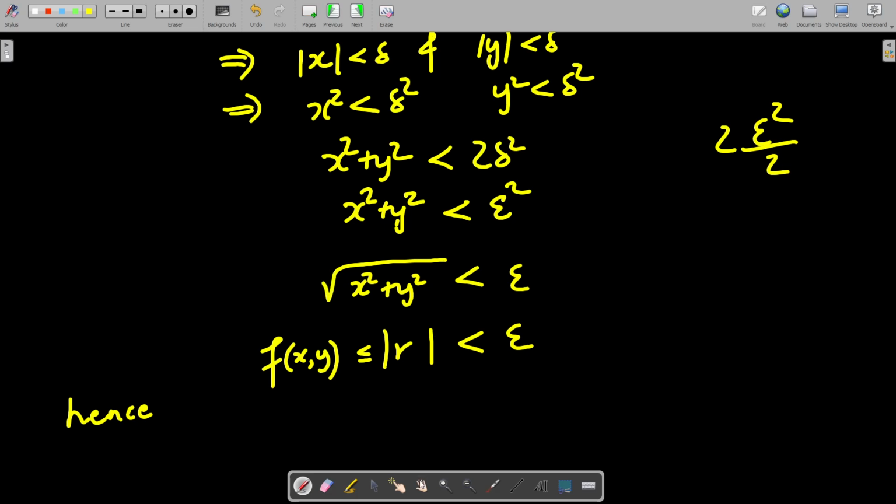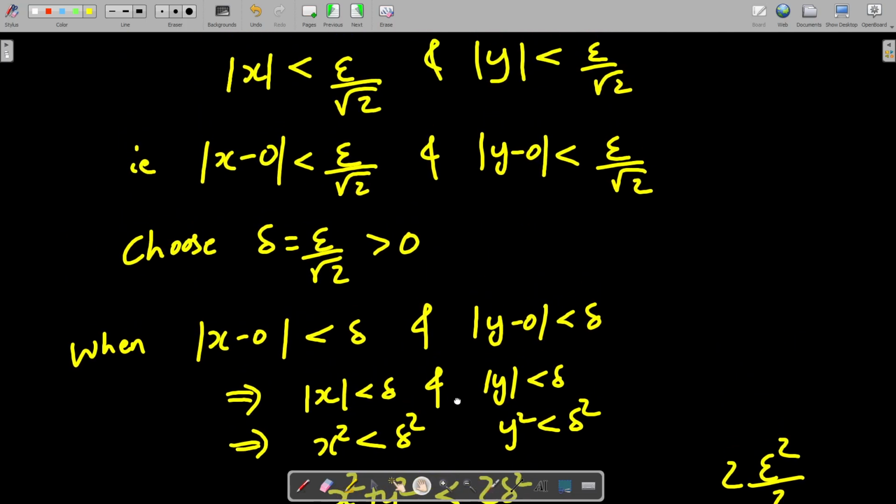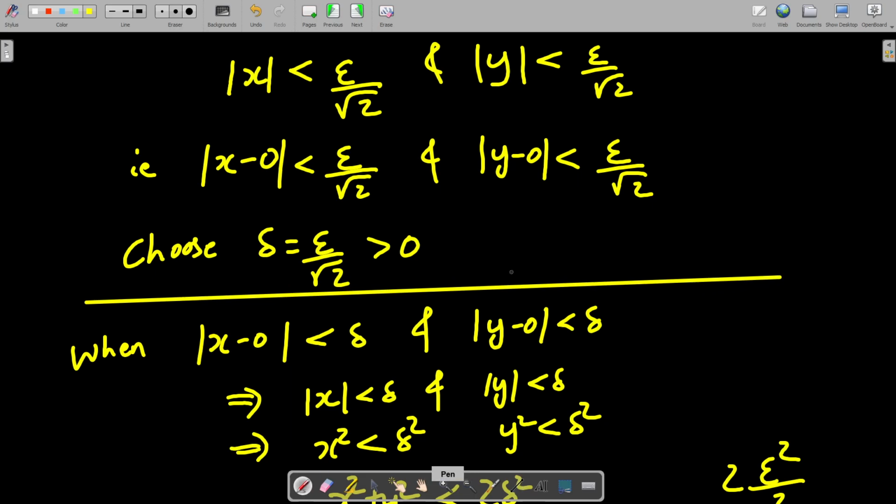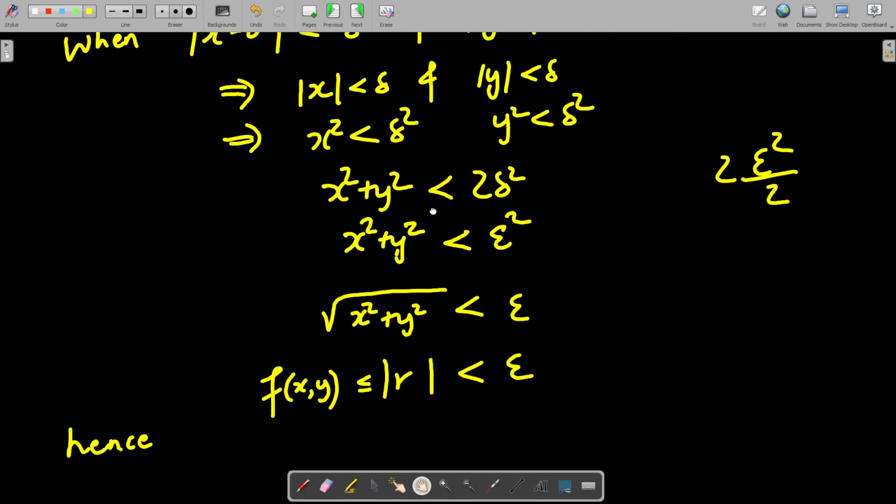I hope you all didn't write with the yellow part. This was the end of rough work here. Now this is the fair part of the problem. Sorry, I forgot about that.